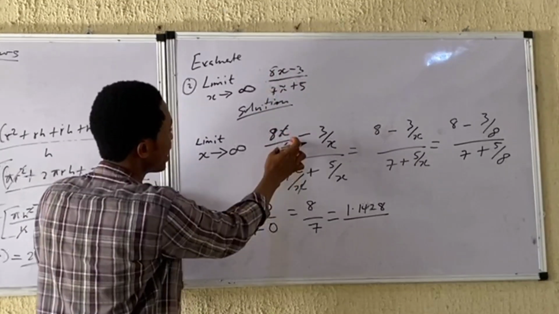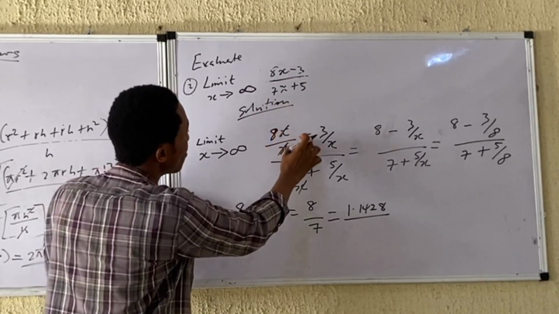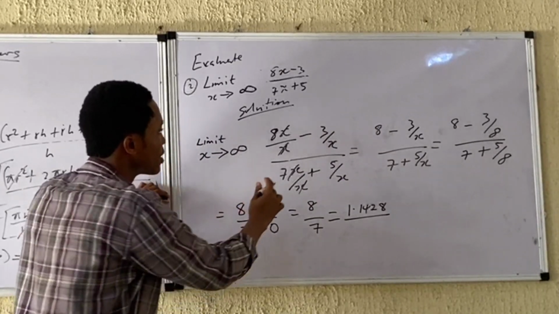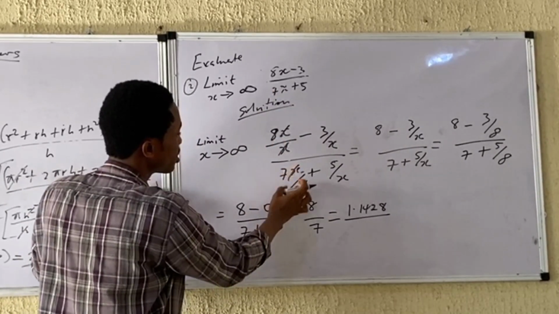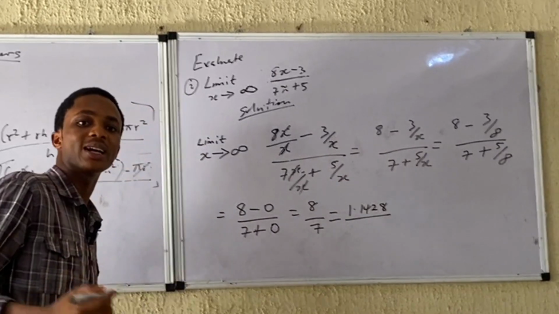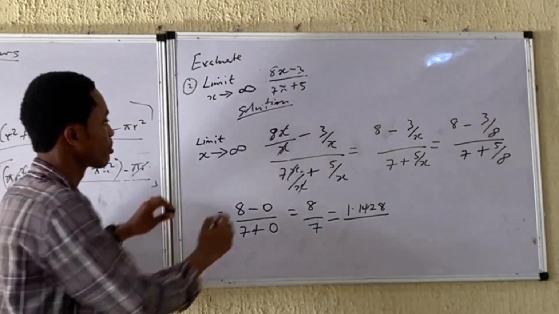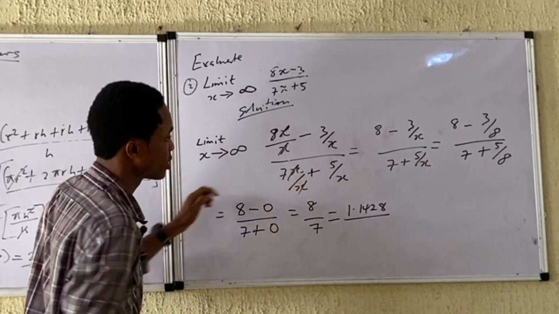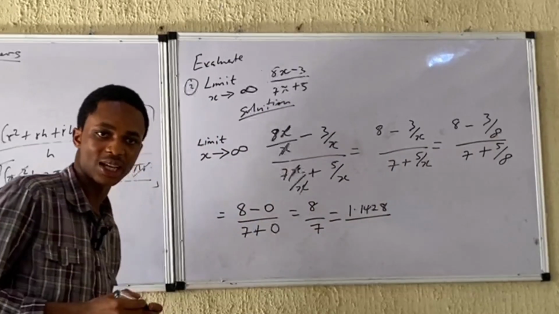8x divided by x minus 3 divided by x all over 7x divided by x plus 5 divided by x. We cancel. This x cancels out this x. So there's no x here to cancel out. We leave it like that.